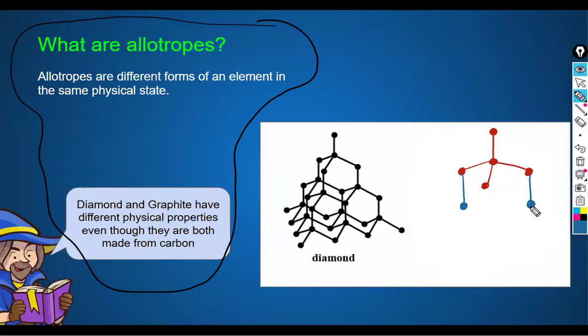Now, remember, from each dot, 3 legs are supposed to come out: 1, 2, 3. And from this one, 3 legs are supposed to come out. 1, 2, but you see the third one? Make it touch this one. And at the end of each one, just put a dot, and that is it.